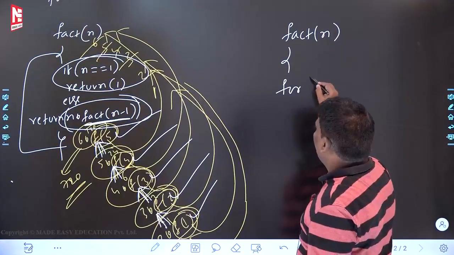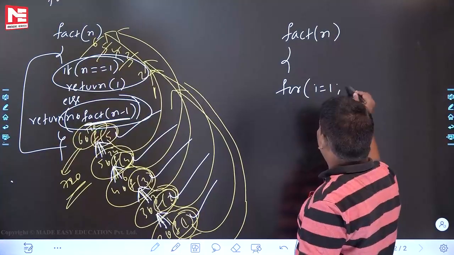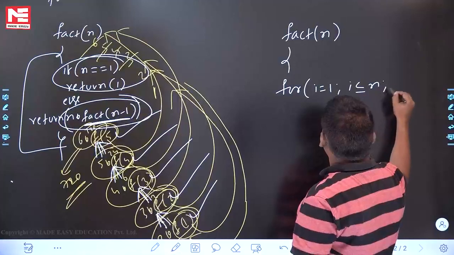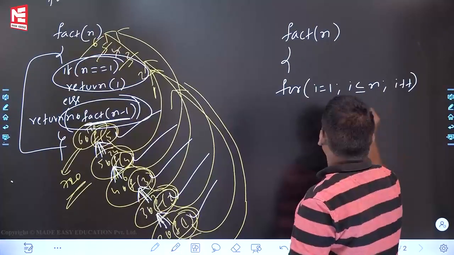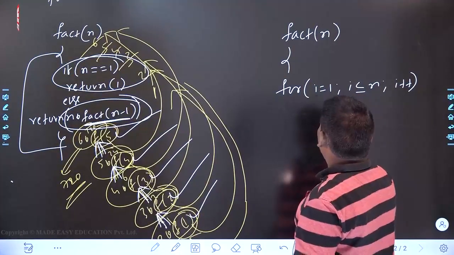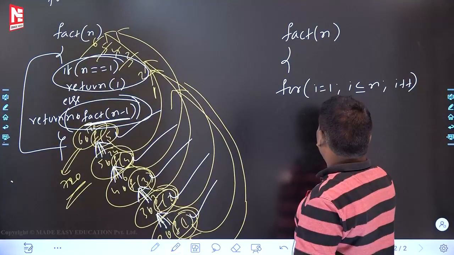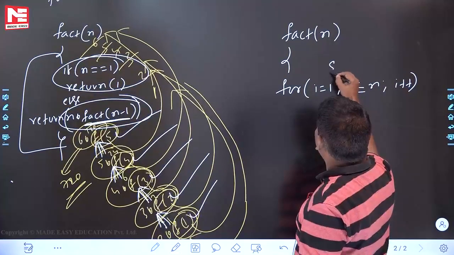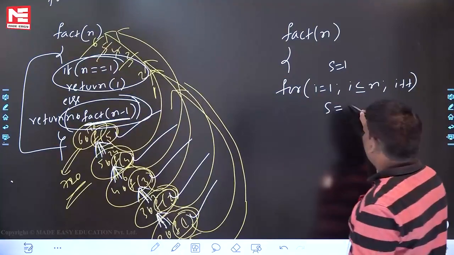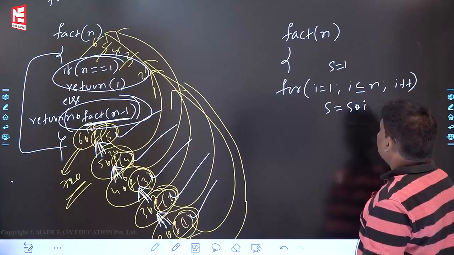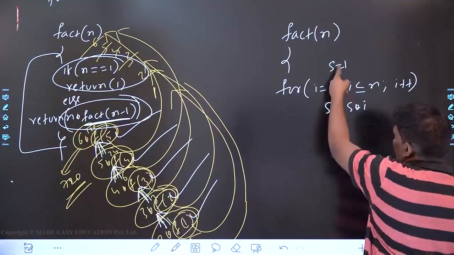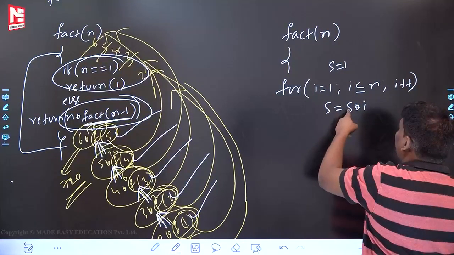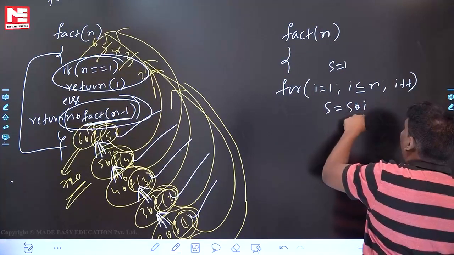For i equal to 1, i less than or equal to n, i plus plus. Initially s is 1. Then s is equal to s into i. Initially s contains 1, so 1 into 1 is 1.